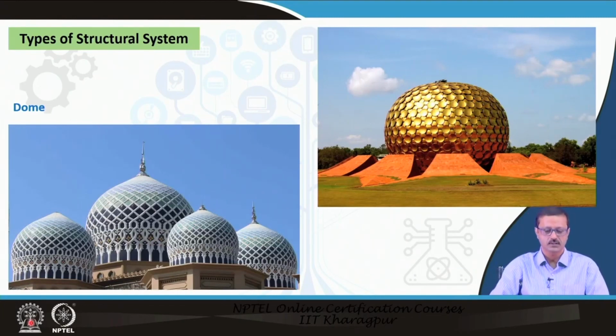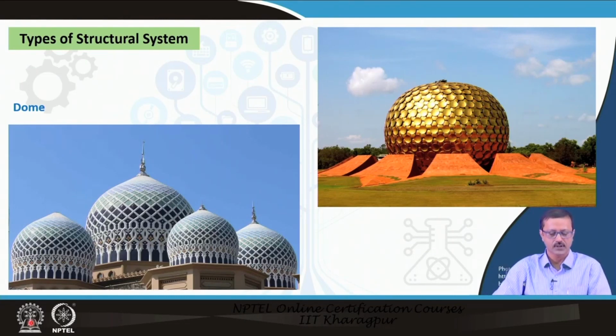Domes are used in architecture, and if you see the history of architecture, from the Islamic or pre-Islamic period also, you will see domes used as a roof covering, and various types of decorations and forms have been developed over the timeline of architectural history.